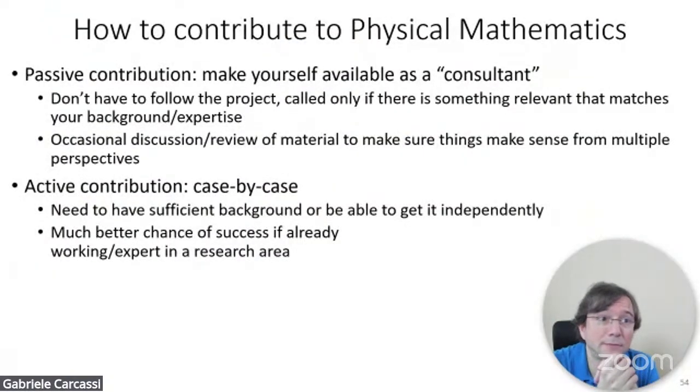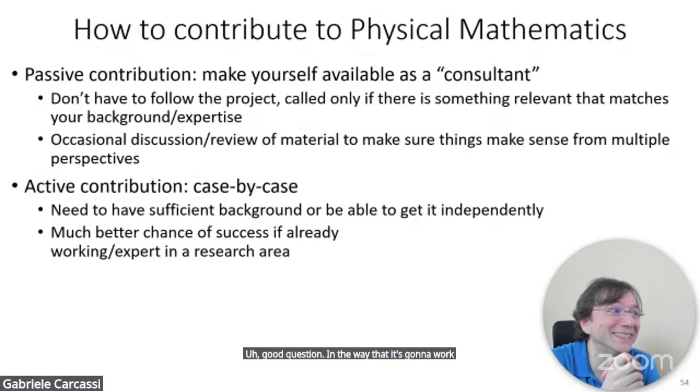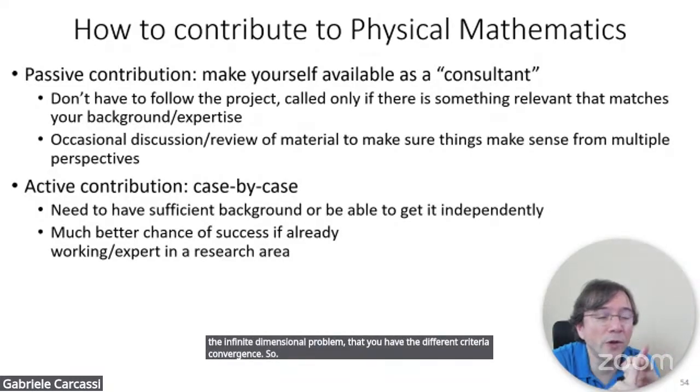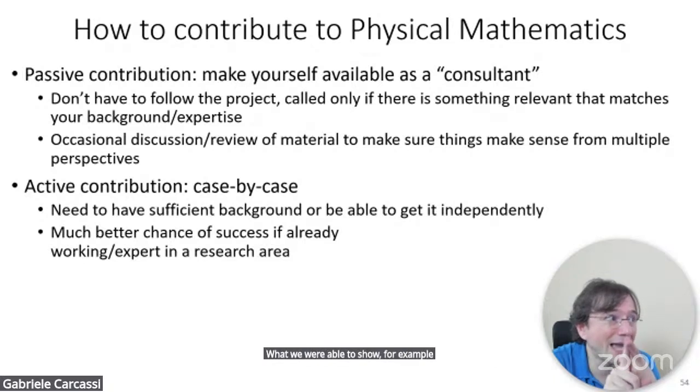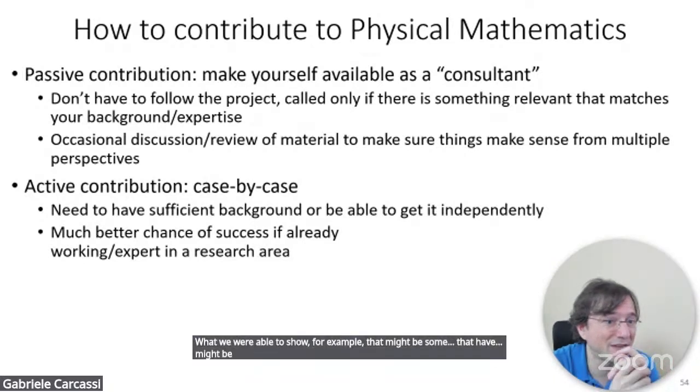Good question. In the way that it's going to work, which I don't know what it is. So the problem with the theory is this notion of the infinite dimension, the infinite dimensional problem, where you have different criteria of convergence.